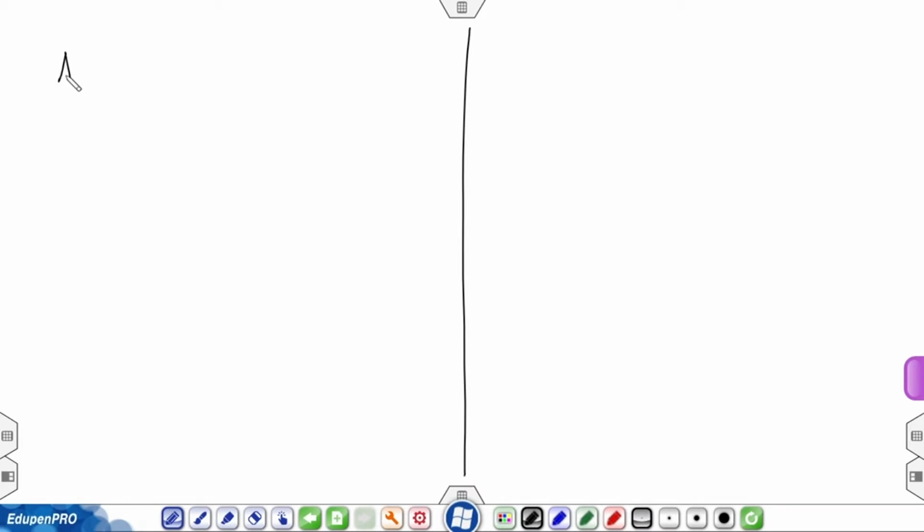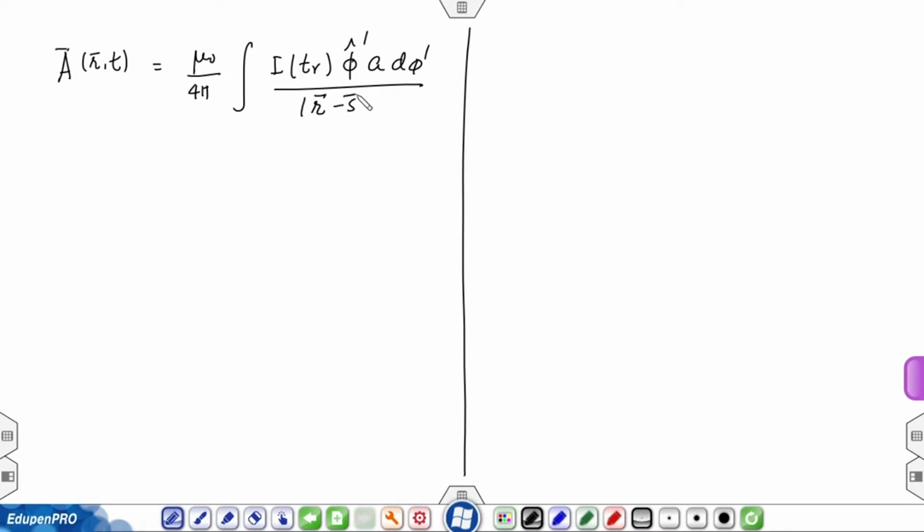So, we are calculating A(r, t), which is mu 0 over 4 pi integral I(t retarded) phi prime a d phi prime over modulus r minus s prime, where we have taken the loop to be in the xy plane, current flowing in the phi direction, its radius is a, and we are calculating the vector potential at some distance r.